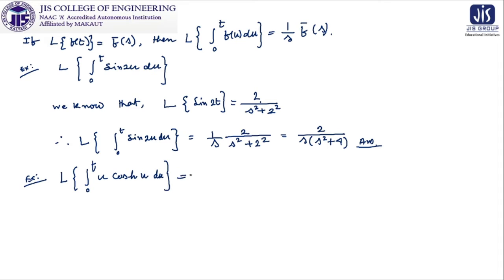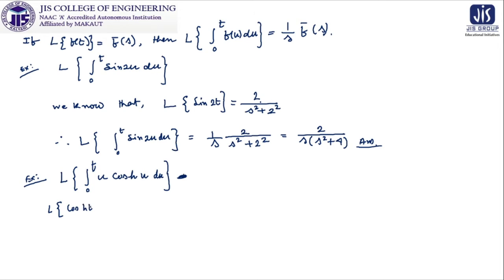I think all of you can identify that gradually the problems are becoming combined forms. Here cos hyperbolic u is first multiplied by u and then the result of integration is asked for. So we can start our problem like this.